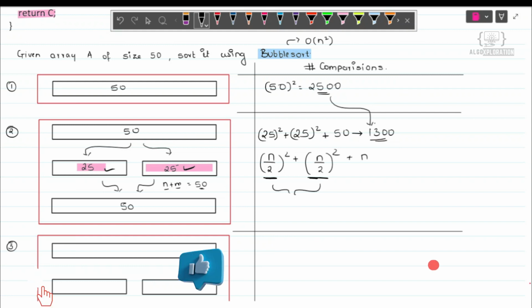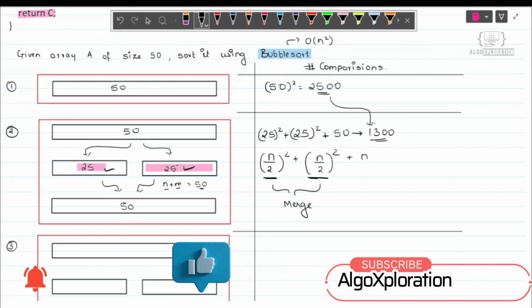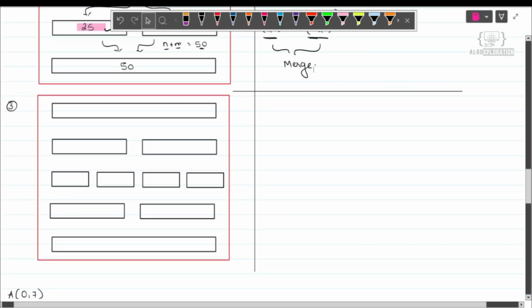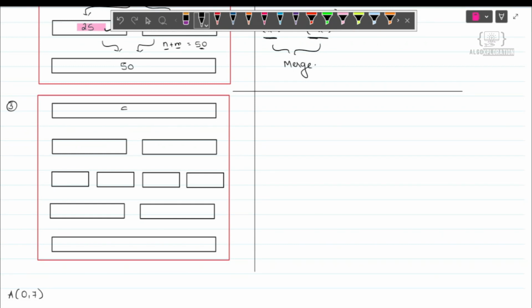Okay, now let's see this third case. Similarly it will be 50 elements. Now we have to divide into two halves, that will be 25 and 25. Again we are dividing into two halves, let's say it will be 12 and 13. Again divide into two halves, 12 and 13.